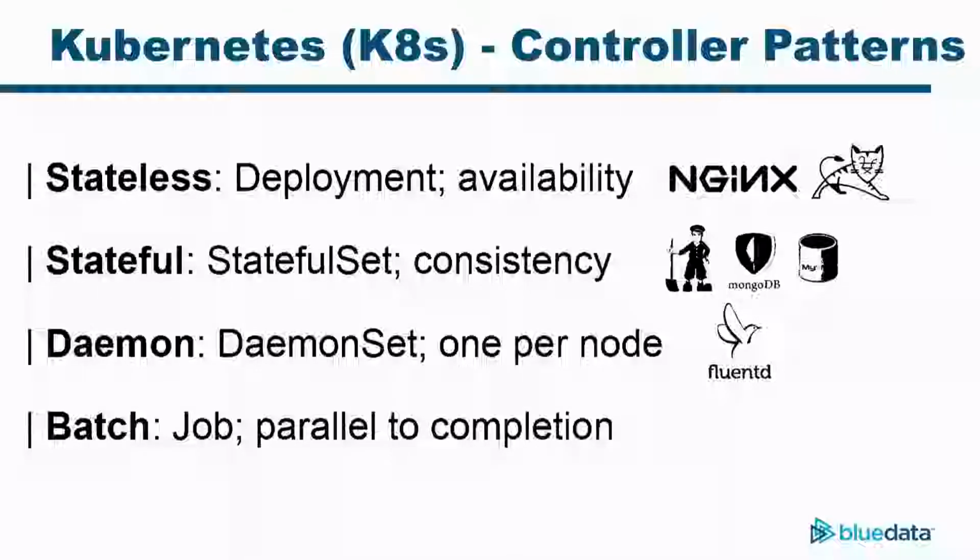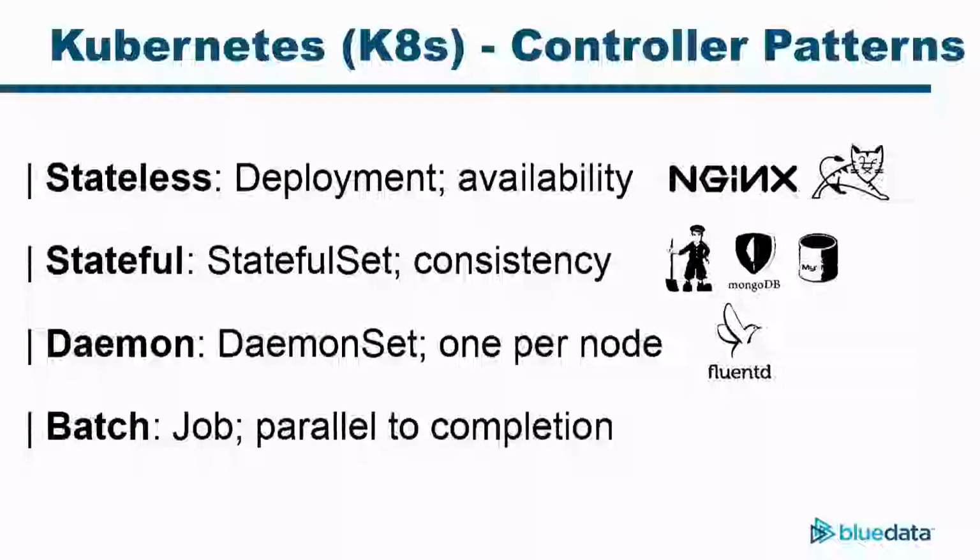The next one, which is stateful, is a very recent one that's been in the works. It's gone through a few evolutions. It used to be called pet sets, then became stateful sets, and it's GA as of Kubernetes 1.9, which is a fairly recent release. Stateful sets are really intended for running your databases, like MongoDB, even Zookeeper, MySQL.